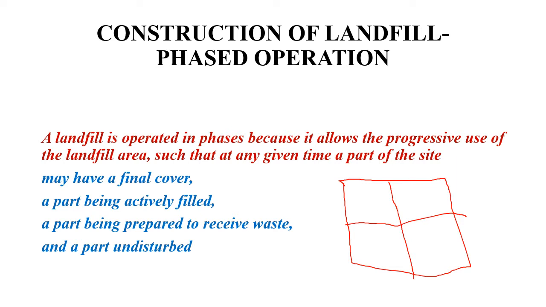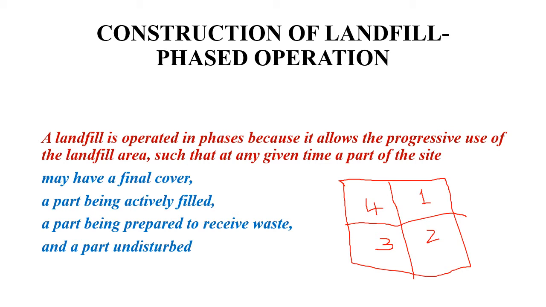As we saw in the layout diagram of the landfill, suppose you are going to start your landfill construction with this. Suppose I give numbers to these sub areas: 1, 2, 3, 4. Now I'm going to start my process of landfill construction in sub area 1, or phase 1. So what happens in phase 1? We know that the landfill typically consists of a liner system.